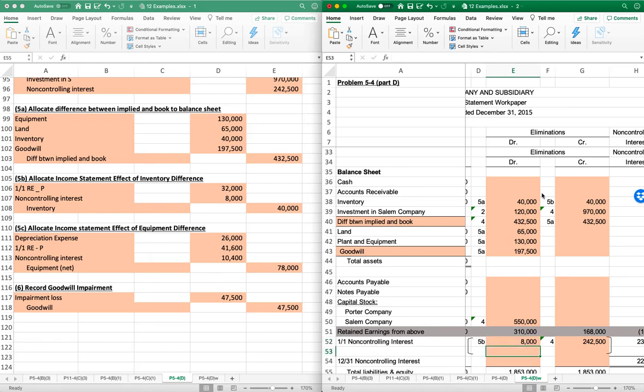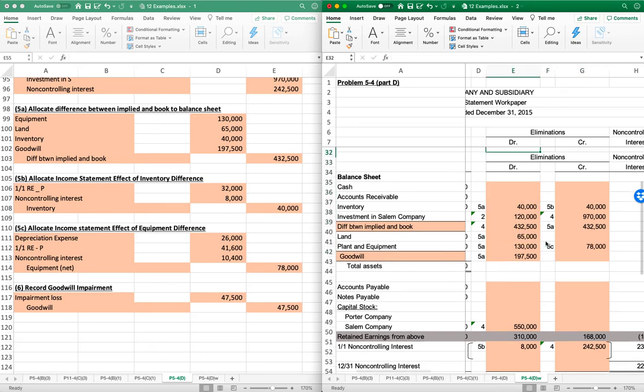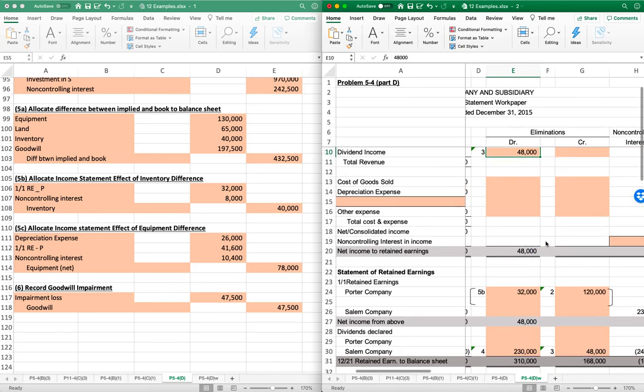Then our next entry is going to be our allocation for the equipment. So again, I'm going to start with the credit. So our 5C here, we are going to credit $78,000. And then we're going to debit depreciation expense. We have to head all the way back up to the top, $26,000.